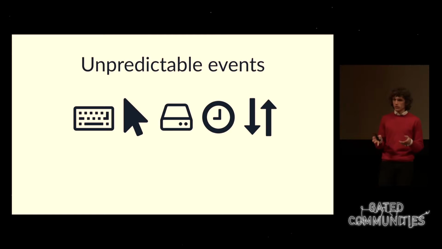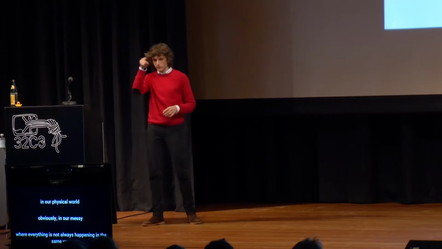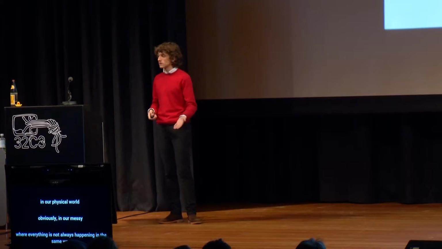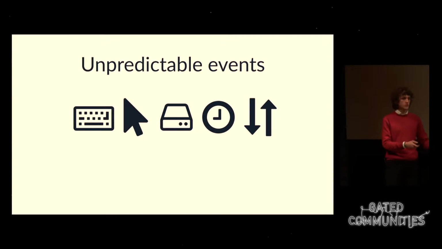Every time you type on the keyboard, you do that with different timings. When you move your mouse around, you do that differently every time. Or simply reading from disk. Every time your computer reads something from disk, it takes a slightly different amount of time. Or interrupt times, I/O, you get the idea.